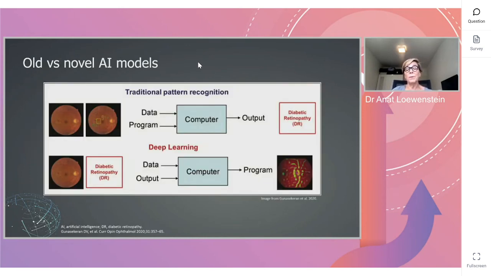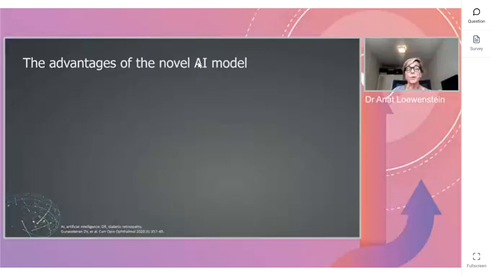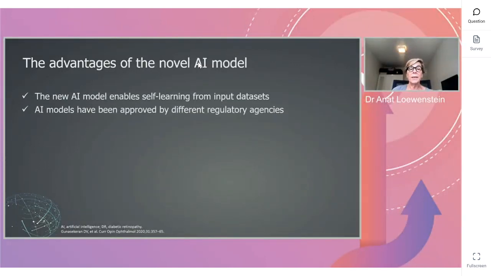So what I'm referring to is the issue of deep learning that looks at the data and the output and also provides a program for the patient, what actually needs to be done by the patient, if he needs to be referred or does not need to be referred, and what else needs to be done with the patient.